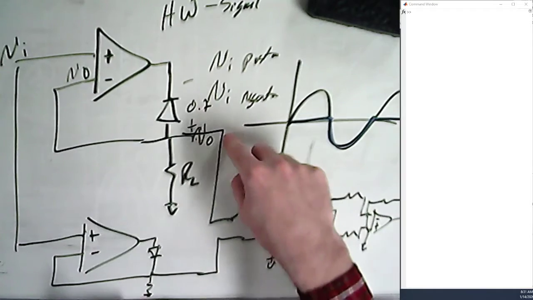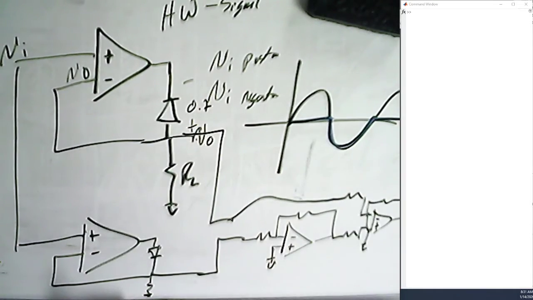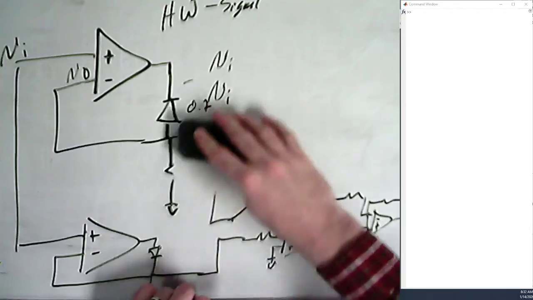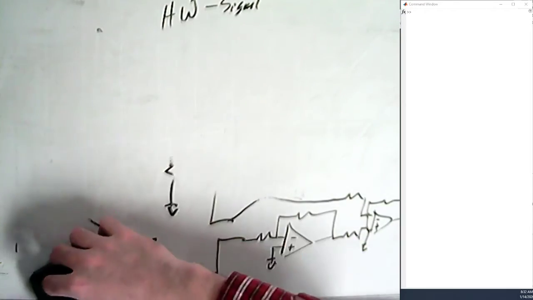We invert it, negative half, and then we put it into an inverting summer to get a full wave rectified signal that matches. And this is not power efficient. This is not meant to be power efficient. This is meant to convert signals, really small signals in this. And so those are different op amps.